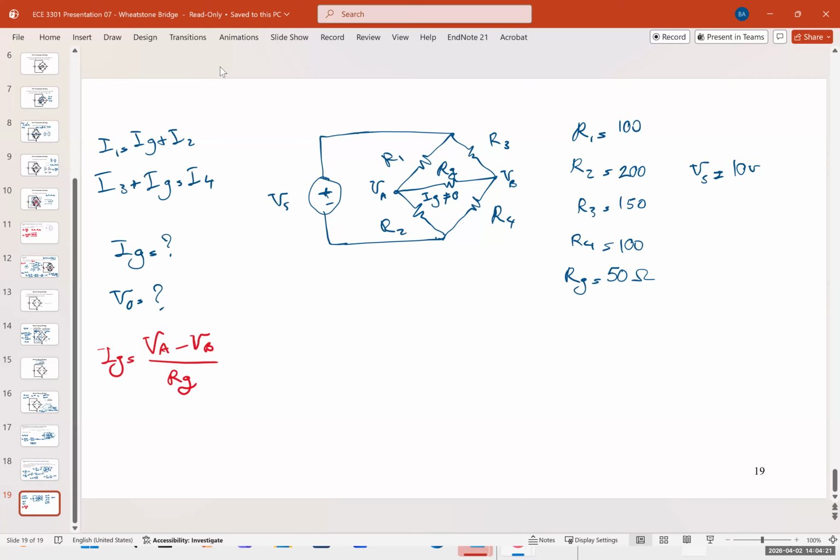Has anyone solved it? Need more time? Do you want me to solve it?